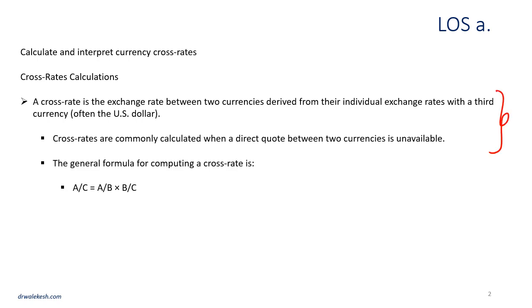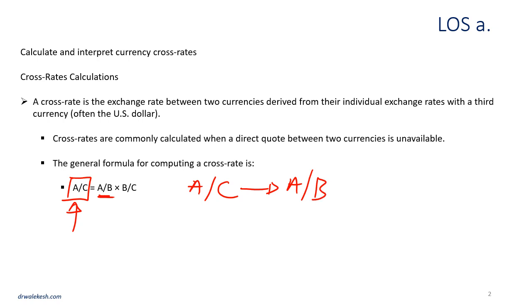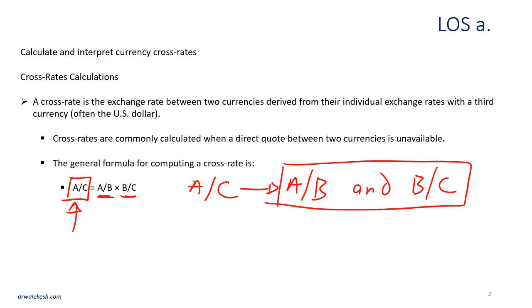So that we are all on the same page, imagine I am interested in this quote, A per 1 unit of C, but unfortunately it is unavailable. But the dealer quoted A per 1 unit of B, and B per 1 unit of C. I can combine these two quotes together to get this cross rate.